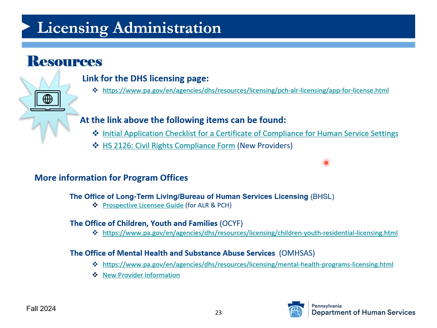We also have the link for the Civil Rights Compliance Form, the HS 2126 for new providers. And then if you want more information on any of these types of service for the different program offices, those links are there as well.